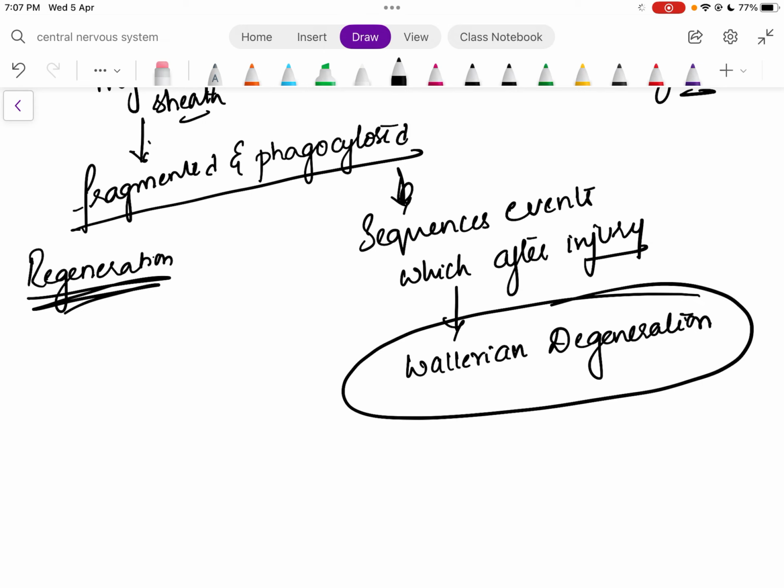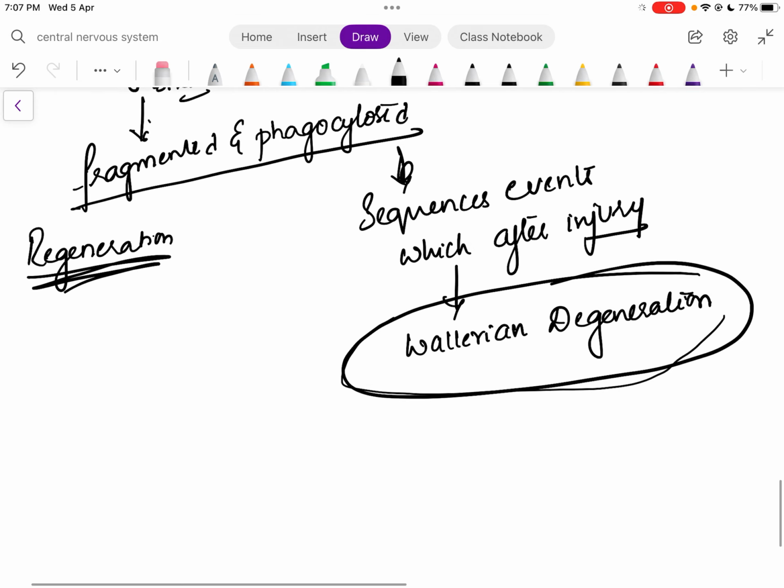So all the events, chromatolysis, eccentric position of the nucleus, swollen cell body, increased protein synthesis, and the digestion and disintegration of the distal axon, all this sequence of events comes under Wallerian degeneration.